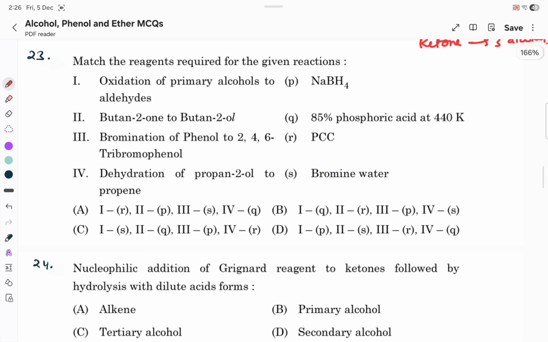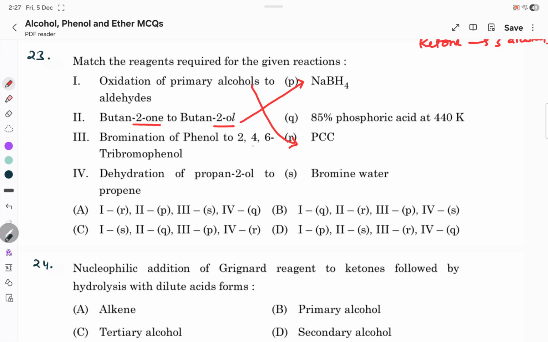Next question. Oxidation of primary alcohol to aldehyde. Primary alcohol to aldehyde is with the weak oxidizing agent PCC. Butane 2-one to butane 2-ol is a ketone to secondary alcohol, so it is a reducing agent, NaBH4, sodium borohydride.